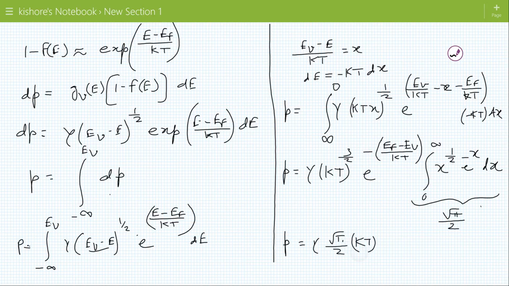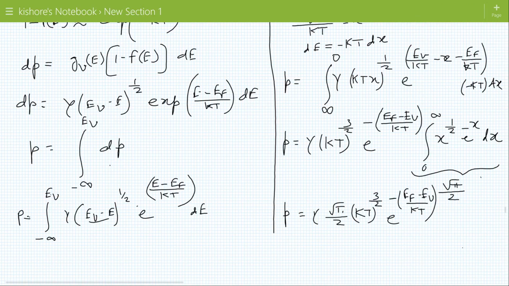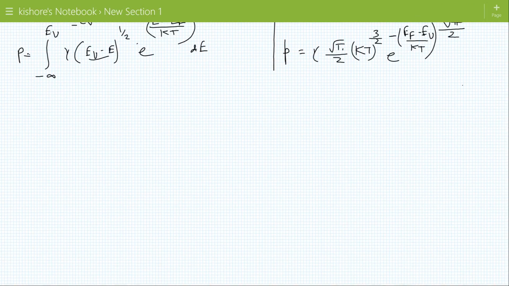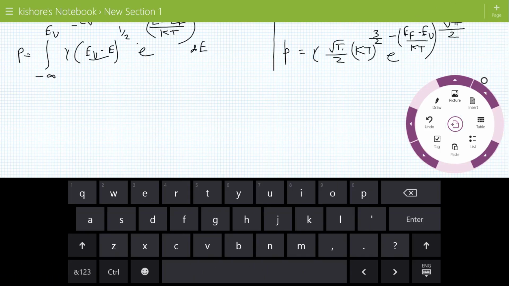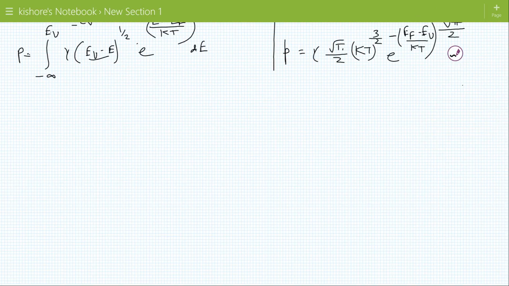So the expression for P is now gamma root pi by 2 (kT) to the power 3 by 2 e to the power minus (EF minus EV) by kT. Here again this gamma into root pi by 2 (kT) to the power 3 by 2 is NV.